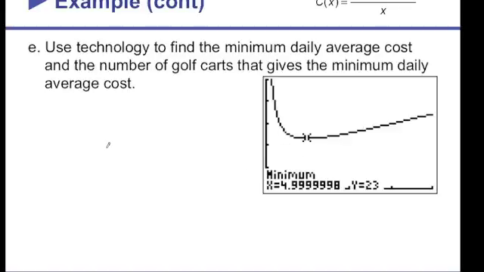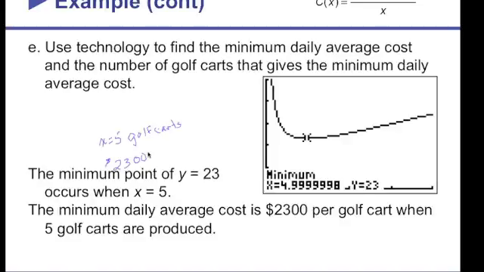It appears that at the minimum, x is 5, so 5 golf carts, and gives 23. I believe that's a daily average of $2,300. I believe it was in hundreds. Yes, it was in hundreds. Okay, so this is the minimum daily average cost, producing 5 golf carts for a cost of $2,300.